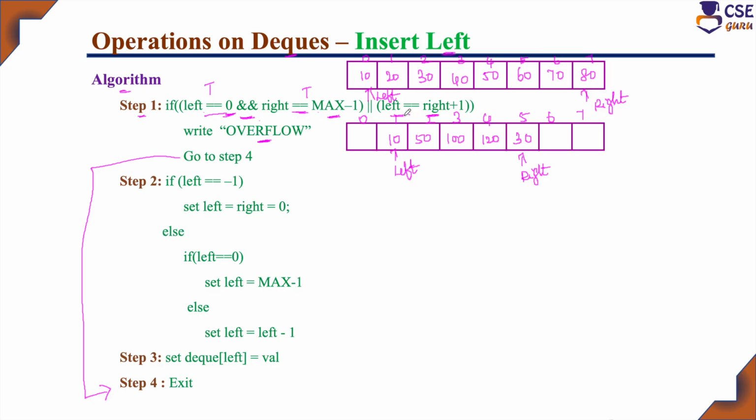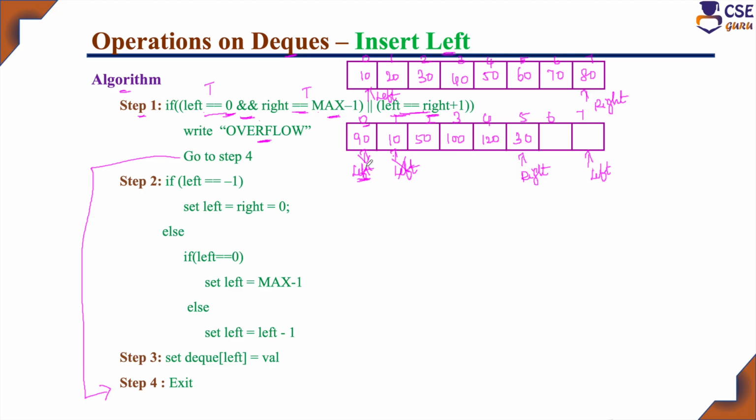So when will this condition be true? Suppose I am implementing insert left. What do we have to do? Decrement the left pointer by 1 and then perform the insertion. Now the left pointer will point here, and we perform the insertion, say I am inserting 90. When the left pointer reaches the 0th memory location, you need to reassign the left pointer to the max minus 1 position, if there is free space towards the max minus 1 position.